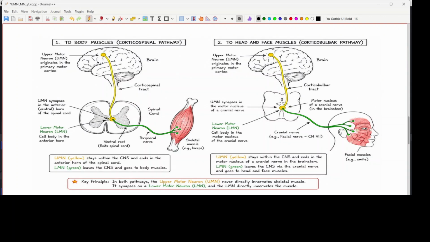Now, an upper motor neuron is a motor neuron whose cell body is located in the cerebral cortex, specifically the primary motor cortex of the frontal lobe. Its job is to initiate and transmit voluntary motor commands. The axon of the upper motor neuron remains entirely within the central nervous system.